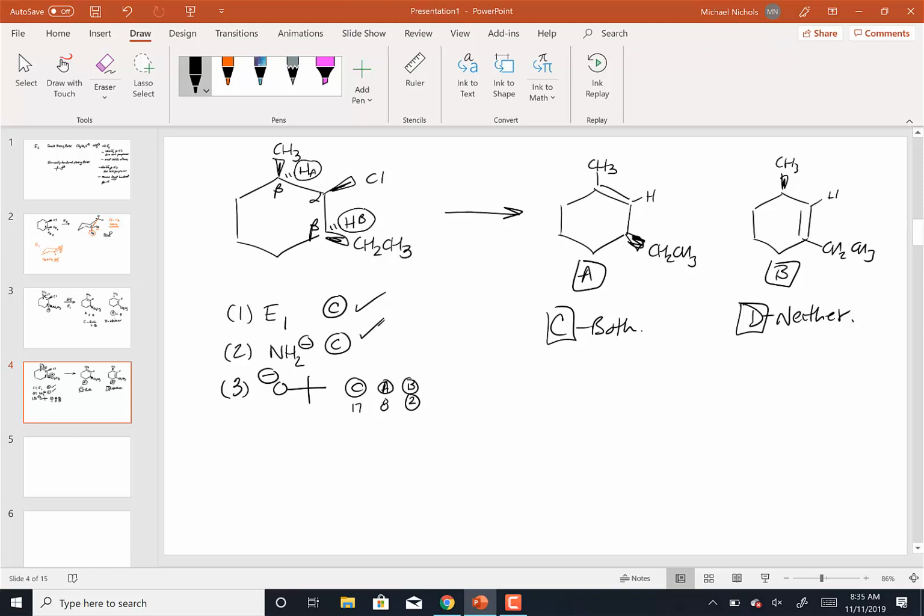Now, first step is, what kinds of hydrogens are these? Primary, secondary, or tertiary? HA is a what kind of hydrogen? Tertiary. HB is tertiary as well. They're tied, but is there a difference in steric hindrance around them? One has a methyl group, one has an ethyl group. So which one would be more likely to be removed?